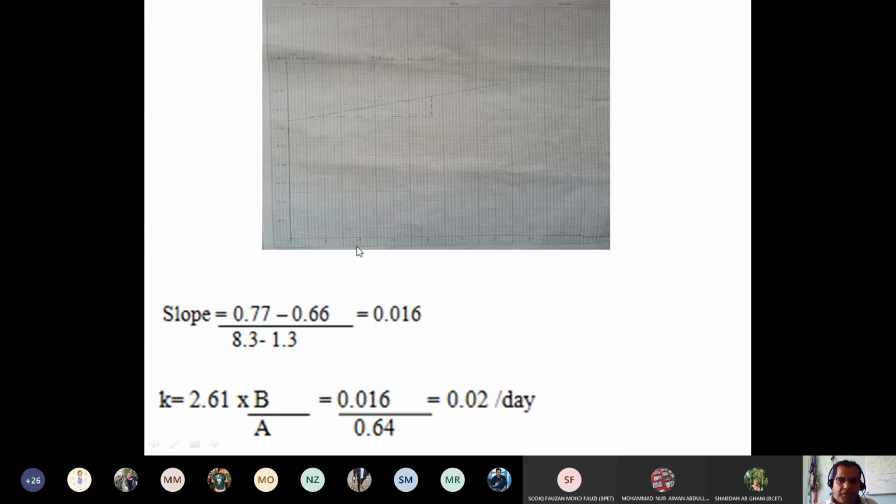Second thing is, this is your time here, and this is T over BOD all to the power 1 over 3. I will make my points here, and I will make the slope. I will calculate slope, usually delta y over delta x. I will take 2 points on the line. Don't take points off the line. If you take points off the line, you will get it wrong.